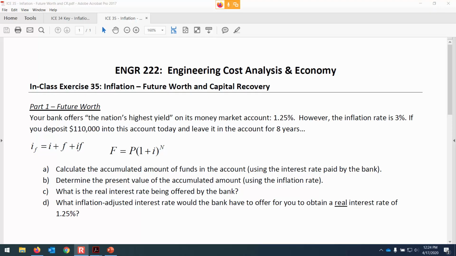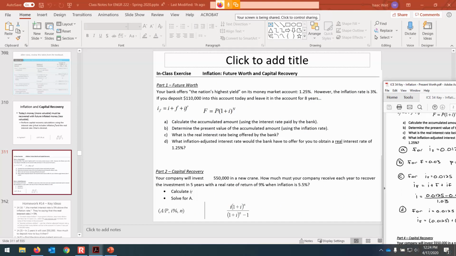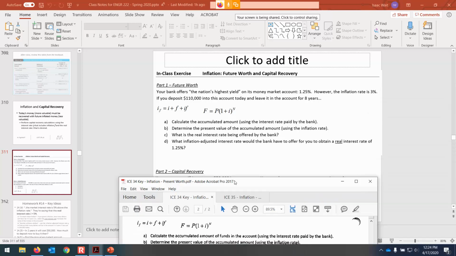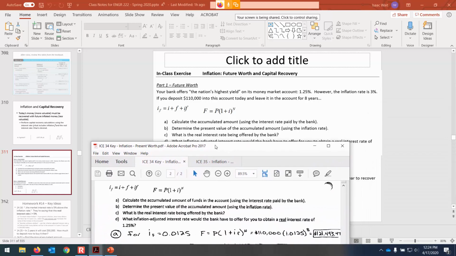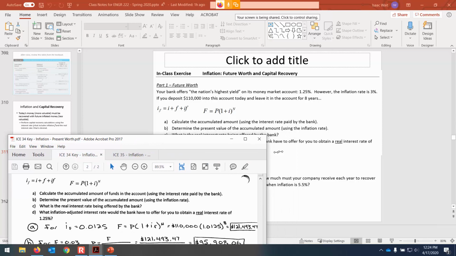Okay, let's look over some of the calculations just to see if you're headed on the right track. So in part A, you're asked to find the accumulated amount using the interest rate paid by the bank.